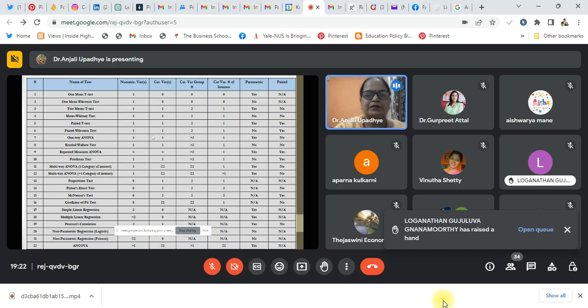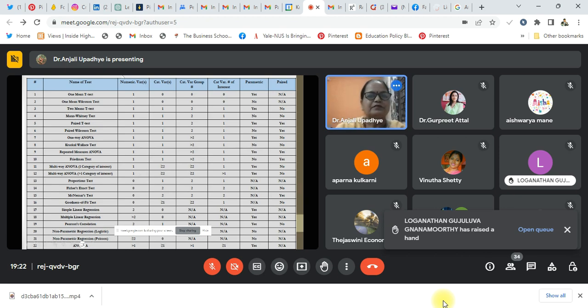Now here is one table I am giving you. Whenever we set the hypothesis or plan our research design, we find what exactly the parameters or variables of the study are. According to the variables of the study, we understand which type of test is applicable.